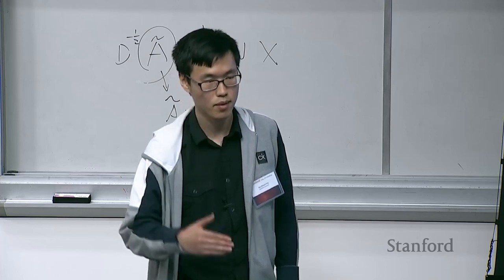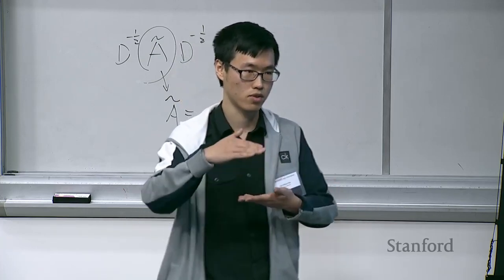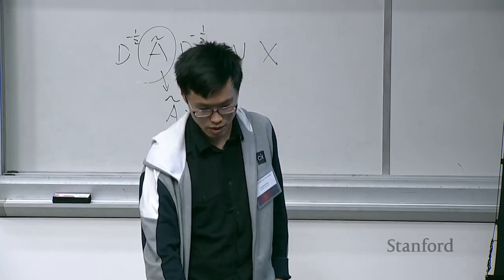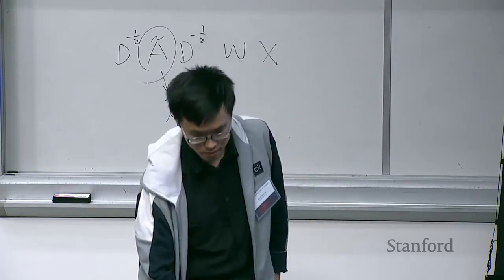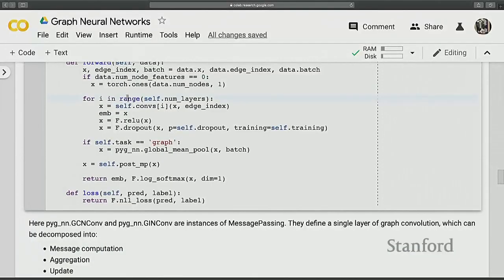So this is the depth in terms of how far you want to fan out. It's not the depth of your neural network layer, because every one of these can have multiple layers. This is the number of hops you want to go away. In the forward, because we have the loop over 3 layers, every time you take your input, you perform your convolution at that layer, and then you get your output. The output is fed back in as the input of the next layer. It's just a for loop to go over multiple hops.